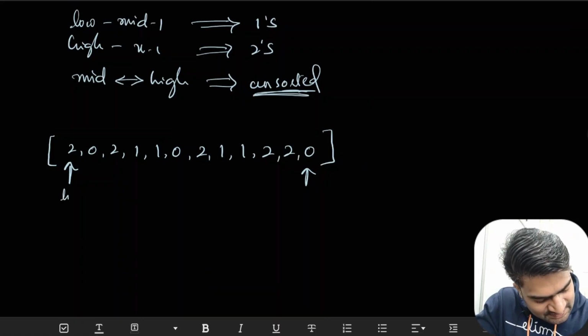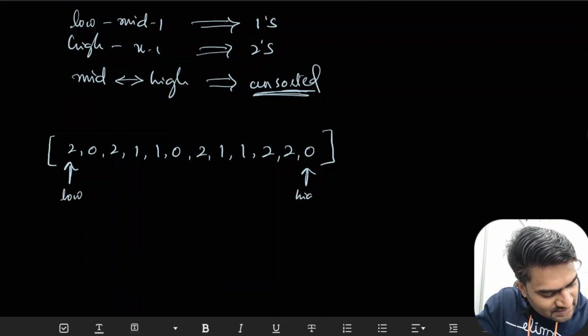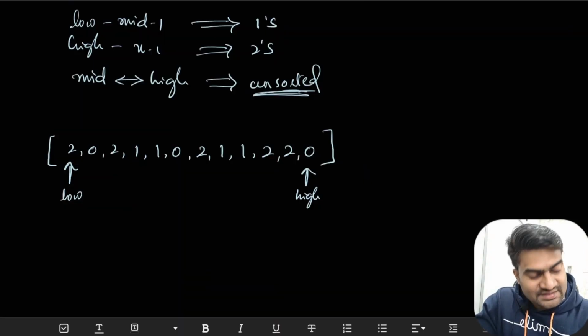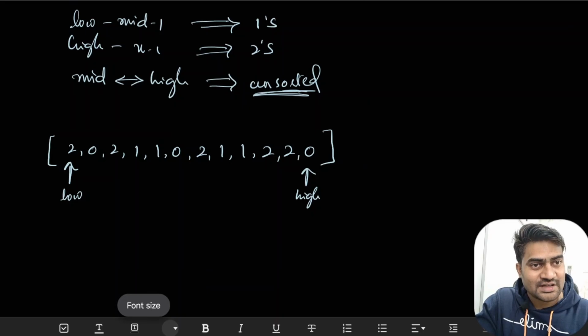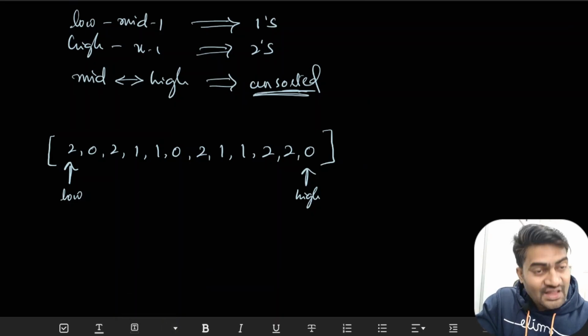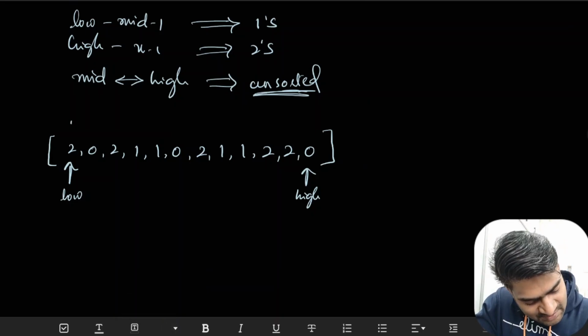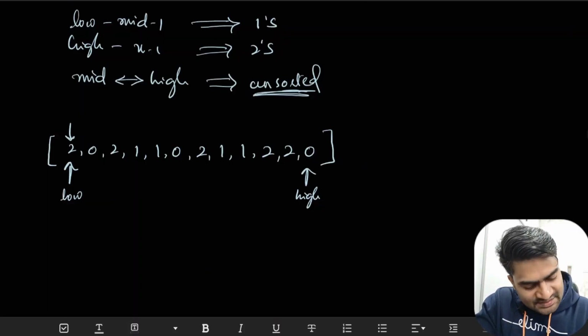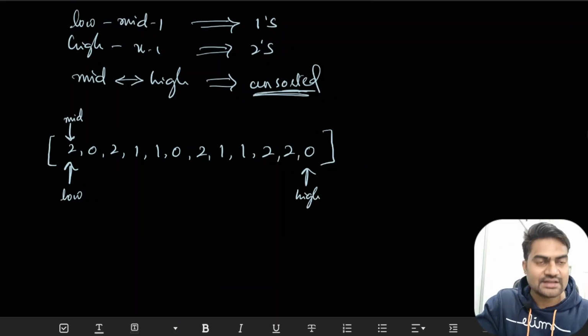Okay, then I want to process the elements. For that I need mid. Since all the elements are not sorted, I will place my mid here. This is my mid.